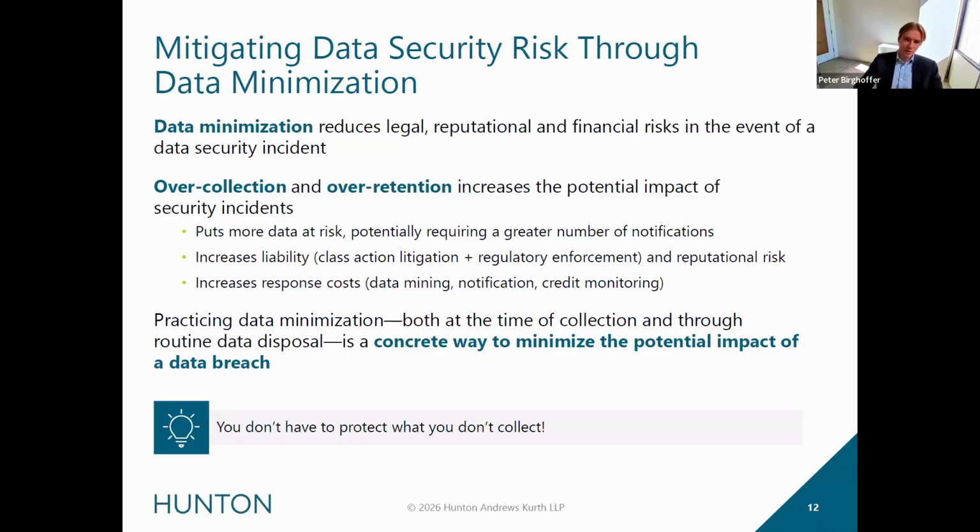Over-retention increases the likelihood that the incident will be notifiable. In general, an organization that maintains a robust data minimization program is less likely to have large quantities of legacy personal information that serves no business or legal purpose, but will nevertheless trigger notification obligations.